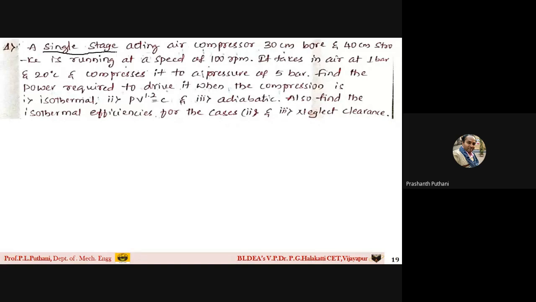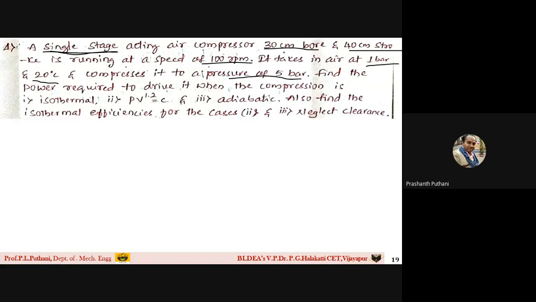A single stage acting air compressor, 30 centimeter bore, 40 centimeter stroke, is running at a speed of 100 rpm. It takes in air at 1 bar and 20 degrees Celsius, compresses into a pressure of 5 bar.